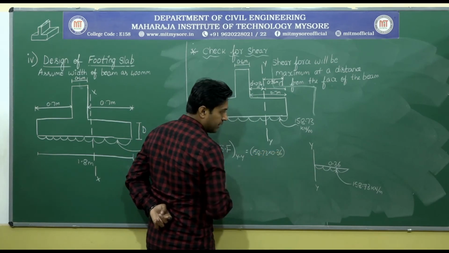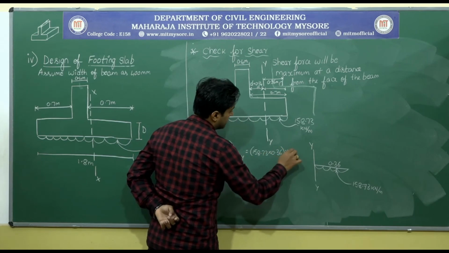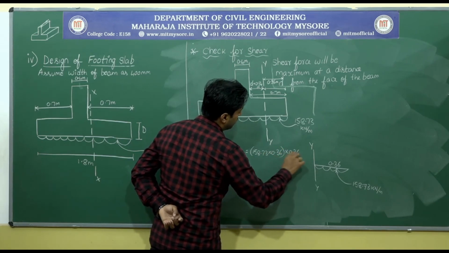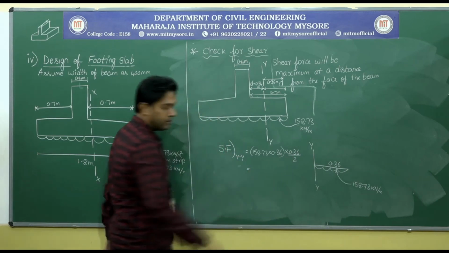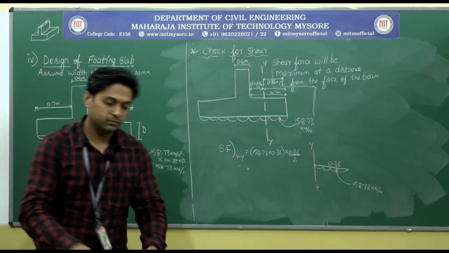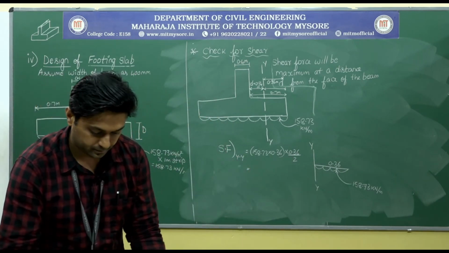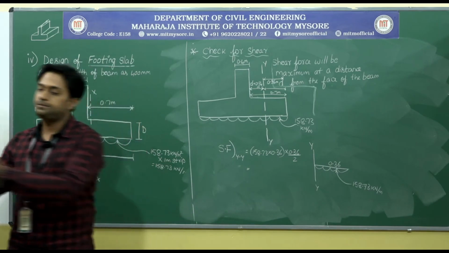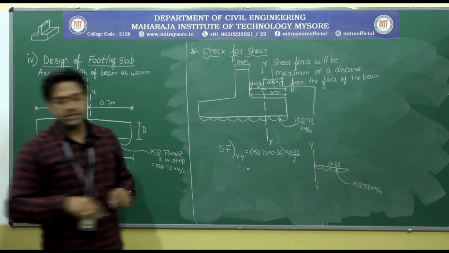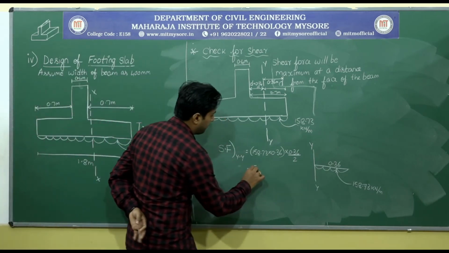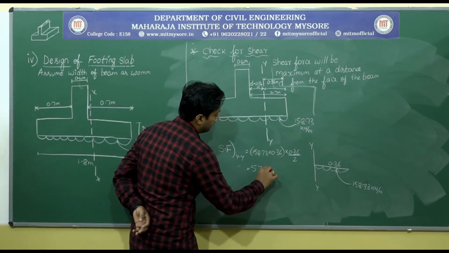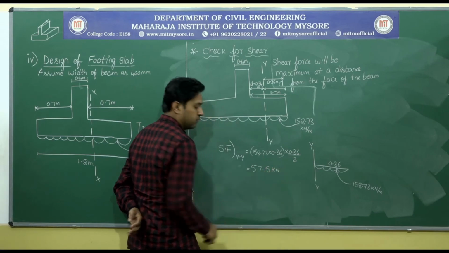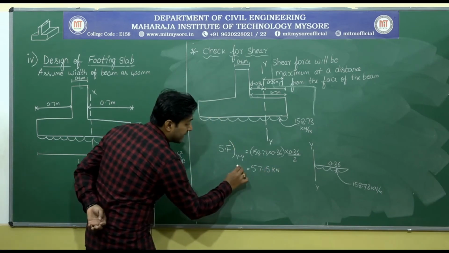Point load we have converted into perpendicular distance. It is nothing but 0.36 by 2. So what is the value that we are getting? So the value that we got here is 57.15 kilonewton.